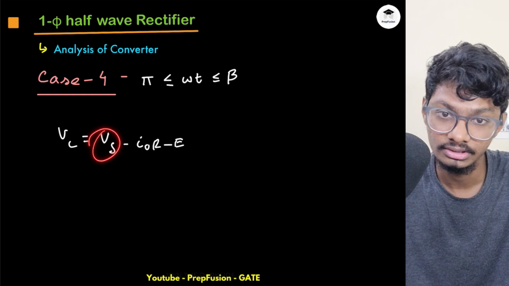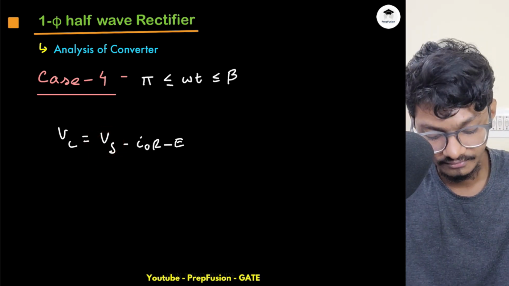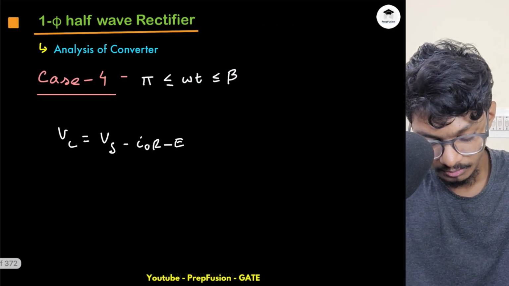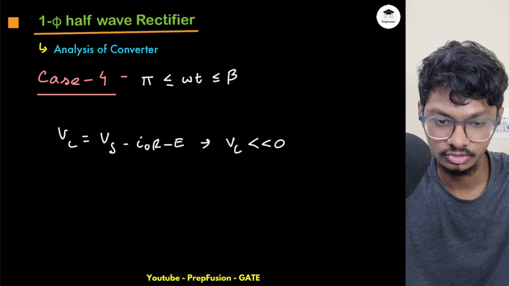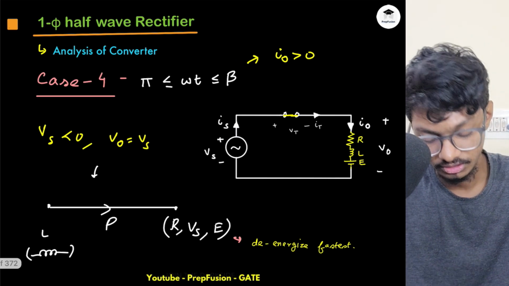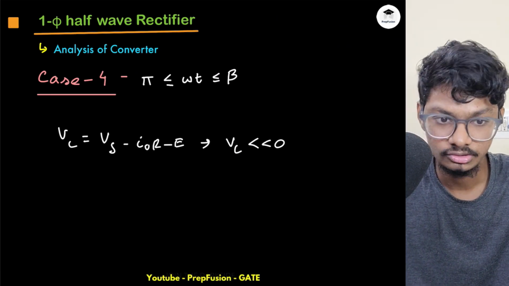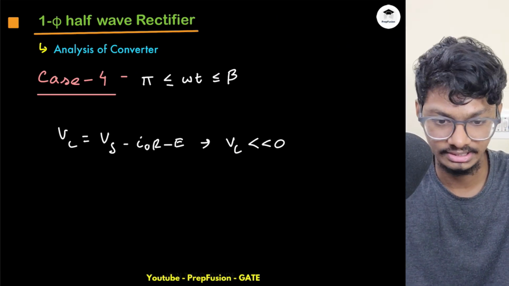So everything is negative. Hence my VL will be very low, lower than 0. So this will discharge faster here, and this will de-energize slower here. So these are the different regions of energizing and de-energizing.